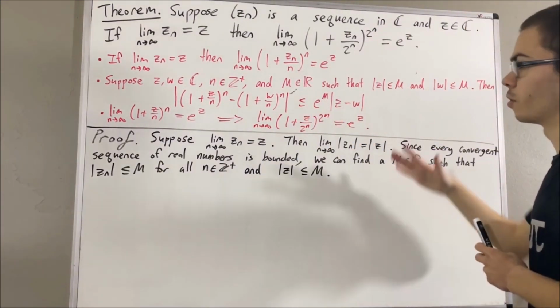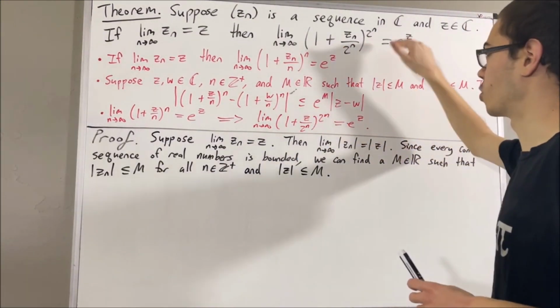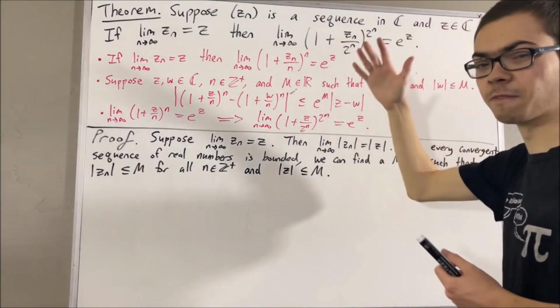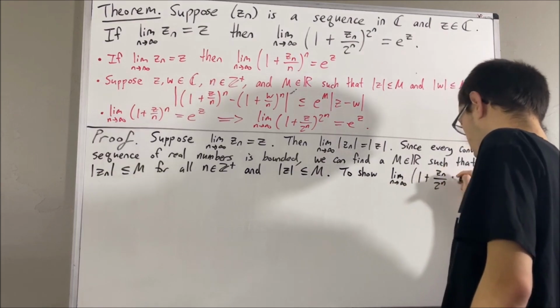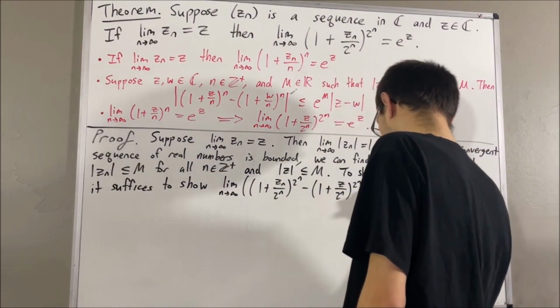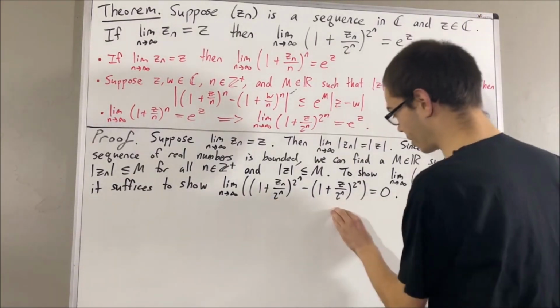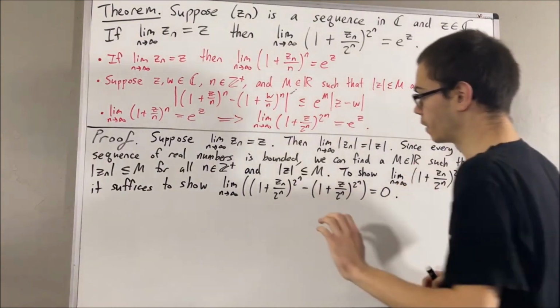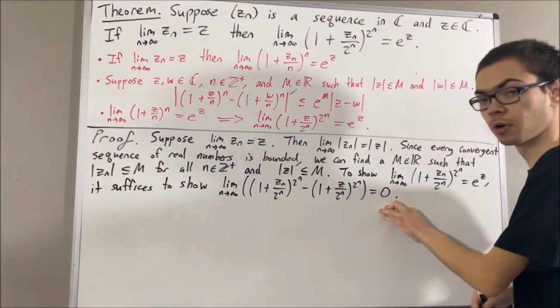And now remember, the whole goal is to prove that this sequence converges to e^Z. And to show that, it suffices to show the following. It suffices to show that this sequence converges to 0. Because what happens if we have shown that this sequence converges to 0?